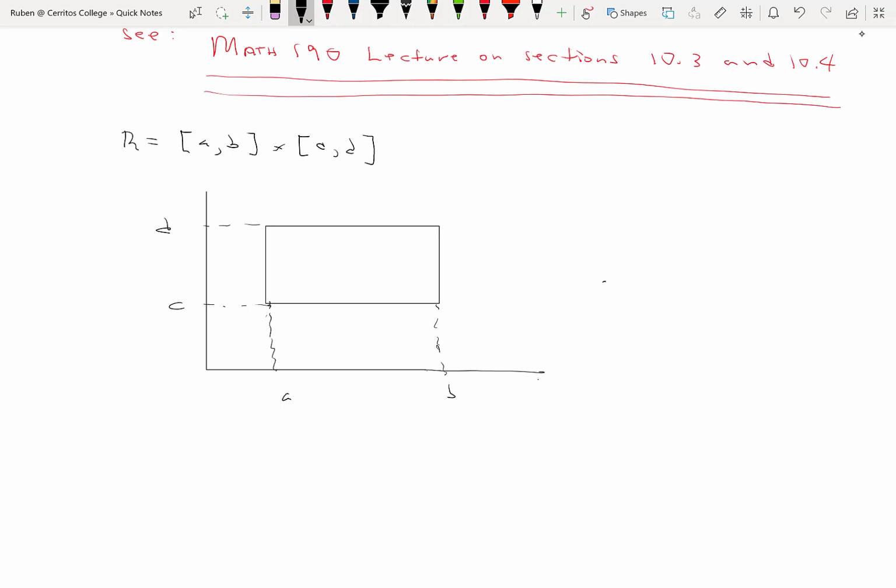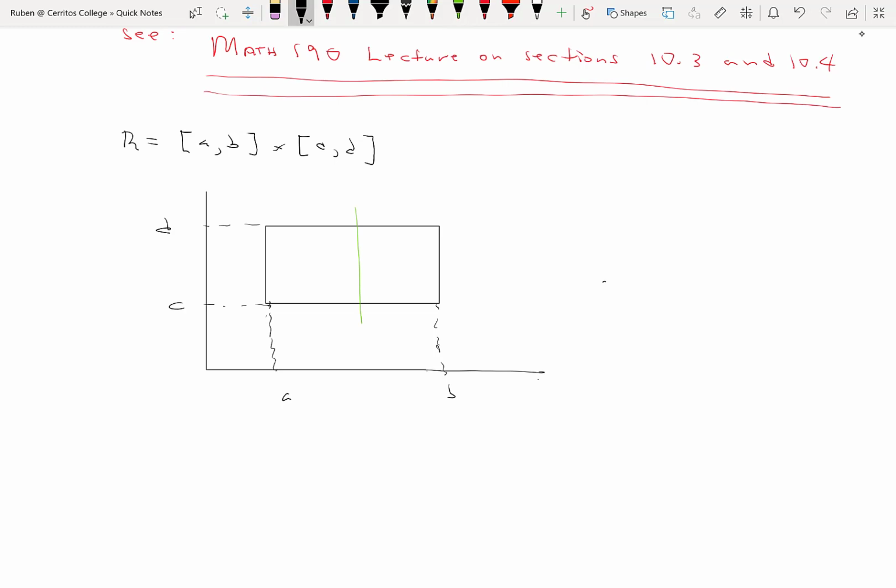And my suggestion to you toward the end of that lecture was that to set up limits of integration, specifically if you want to integrate first with respect to y and then with respect to x, you consider drawing a green line vertically through your region.